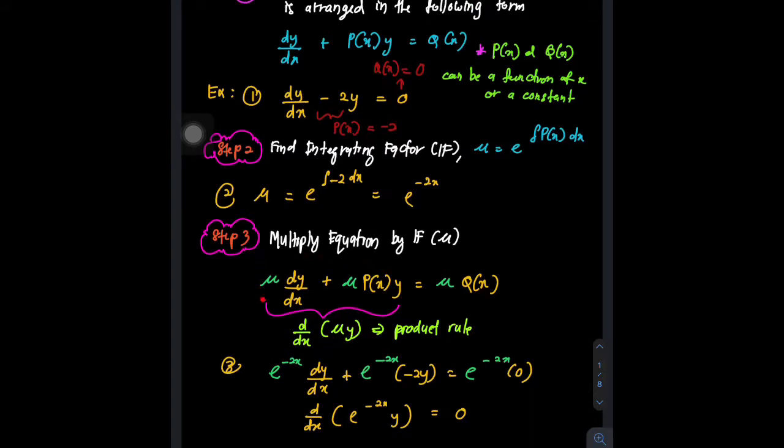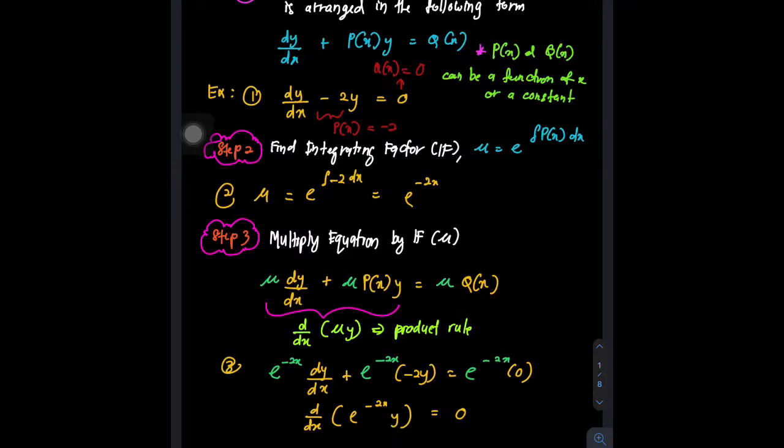This is the term that you get after you apply the product rule on mu y. When you differentiate mu y, of course you have to apply the product rule, then you will get something like this. So in short, you just get the derivative of mu y is equal to mu q(x) on the right hand side.